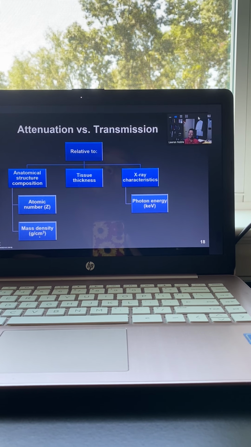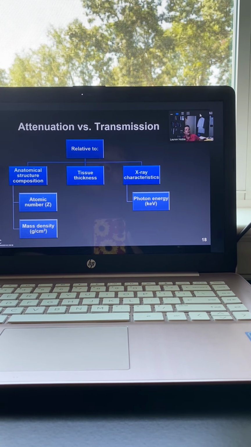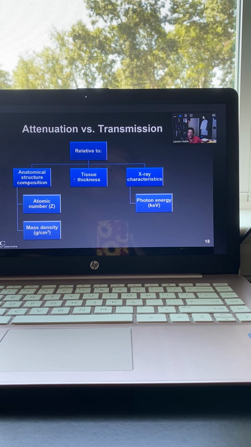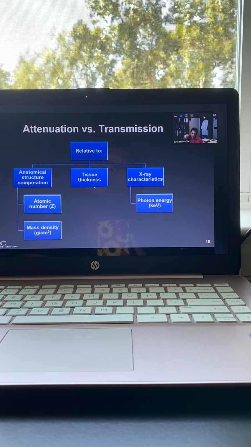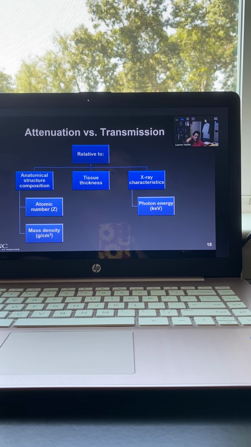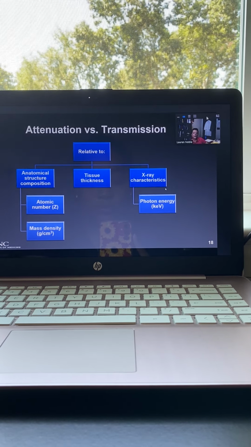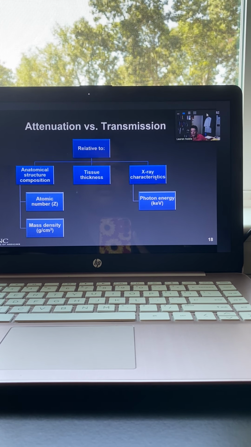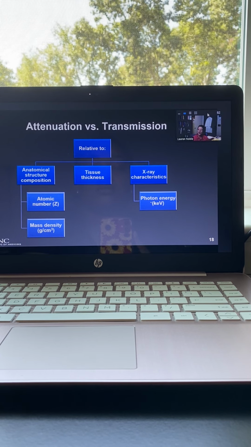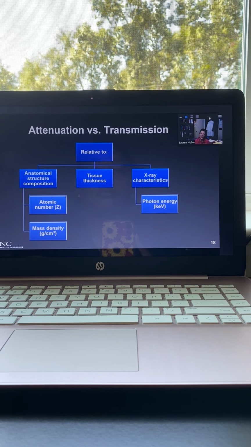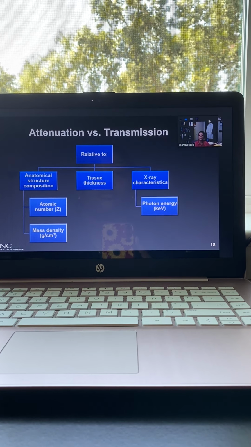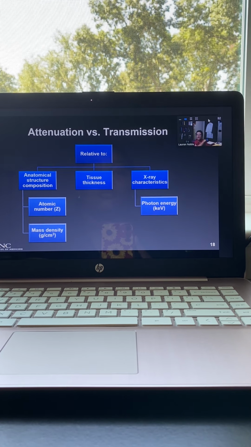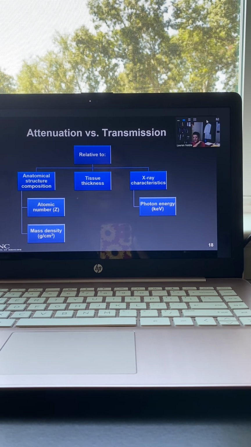So the anatomical structure will play a role. Tissue thickness is going to play a role in the amount of attenuation. And then the other thing that comes into play is the X-ray beam itself, specifically the energy of the photons. Photon energy is going to play a role in whether we have an increased probability of transmission or attenuation taking place.